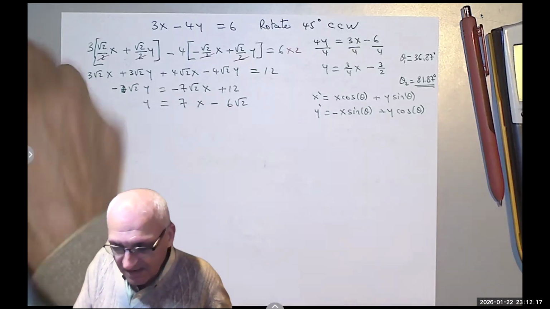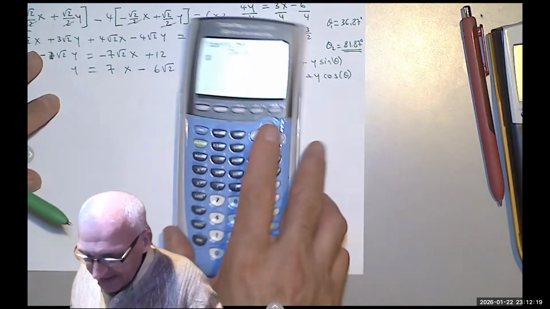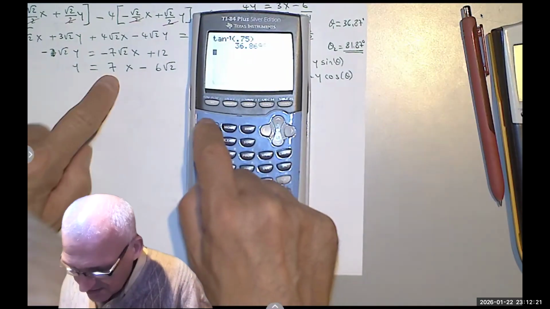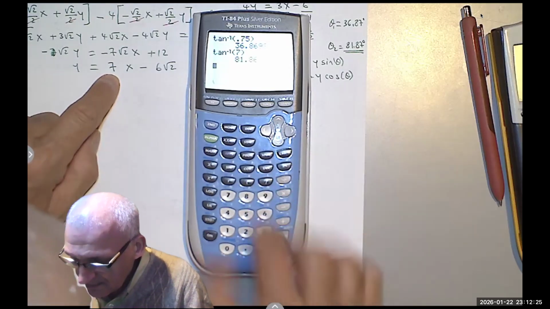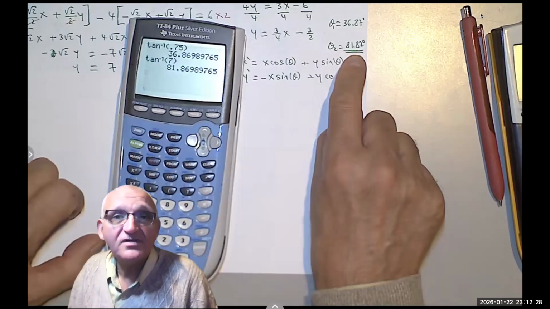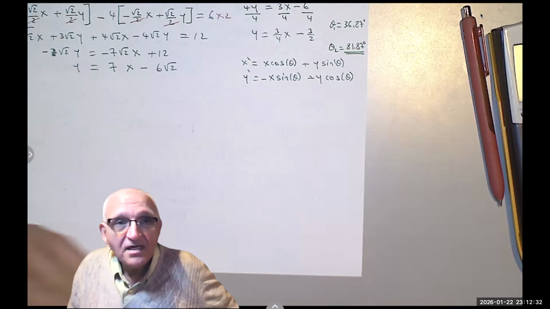Now, let's take the inverse tan of 7 and see what angle that is. Guess what? 81.87.